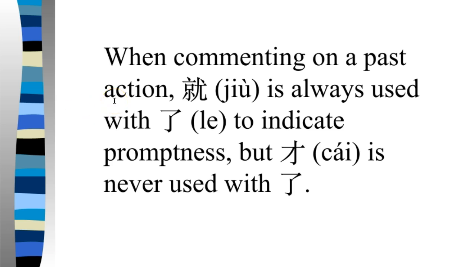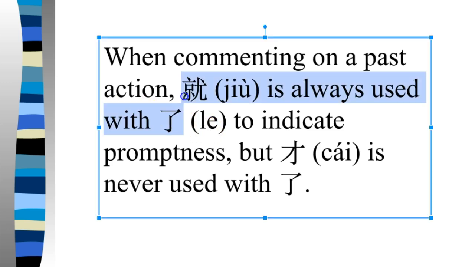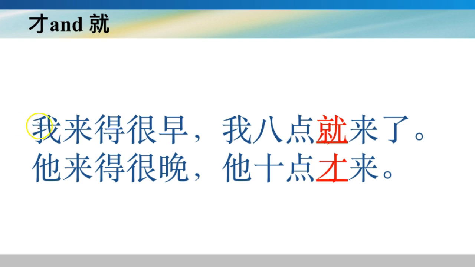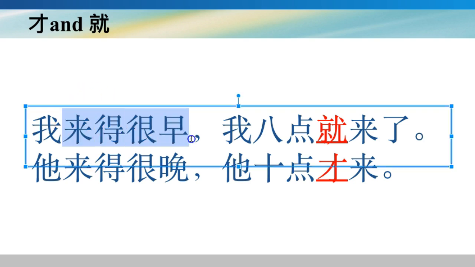When you want to talk about a past action, 就 and 才 are not always used in the past. But when they are, 就 is always used with 了, and 才, as we learned in level 6, is never used with 了. Let's look at some examples of that. 我来得很早，我8点就来了. So this is taking place in the past. Remember, this is the verb plus 得 plus adjective structure.